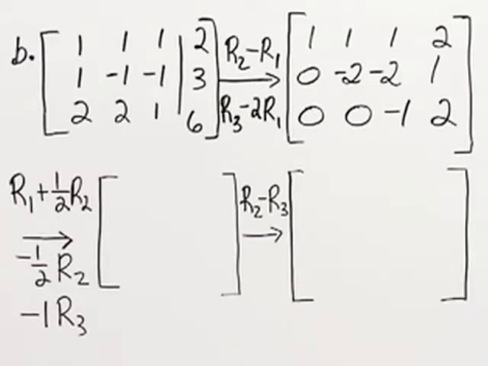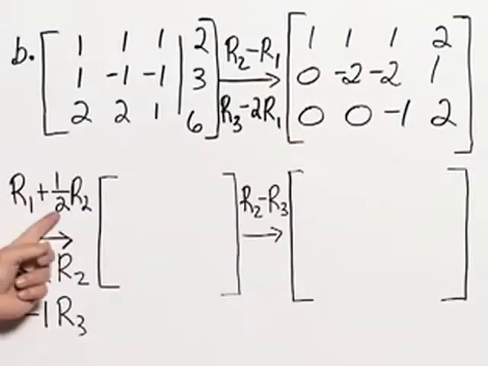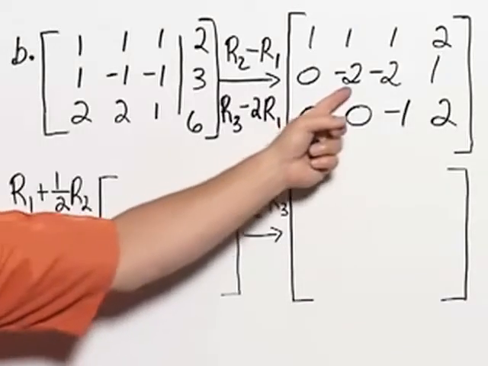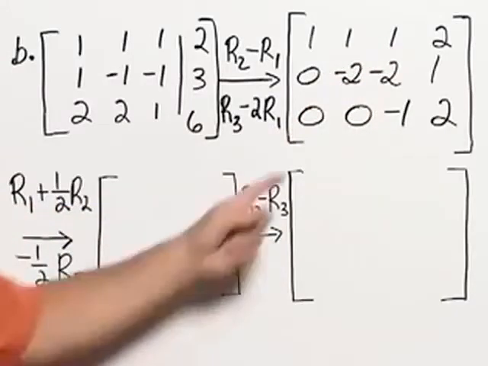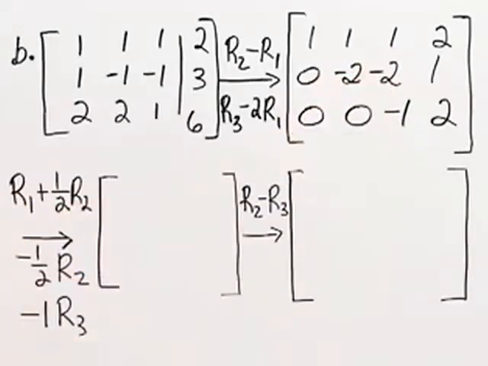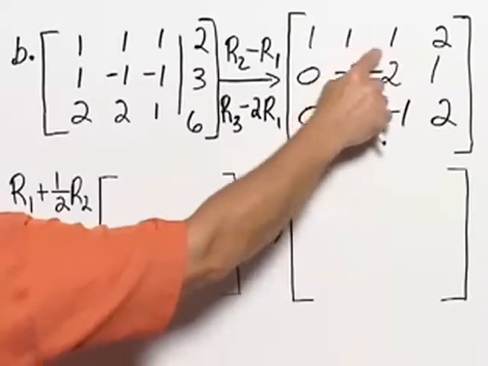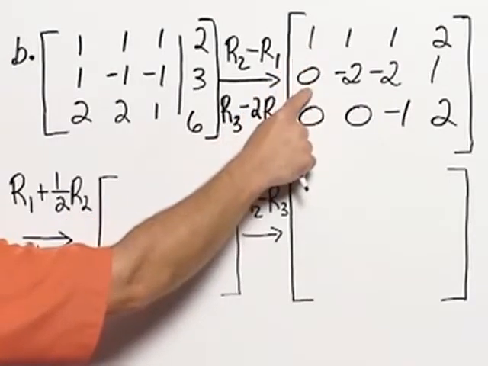Now let's do some operations where we take row 1, which is this row, and we add to it 1/2 of row 2. And you can see that in so doing, we'll be creating some zeros in columns 2 and 3 in row 1. So it's row 1 plus 1/2 of row 2.